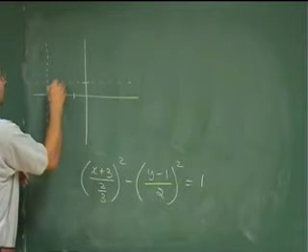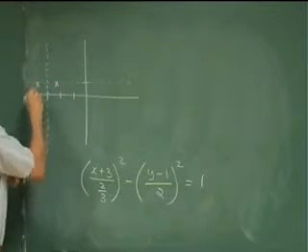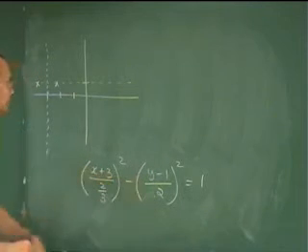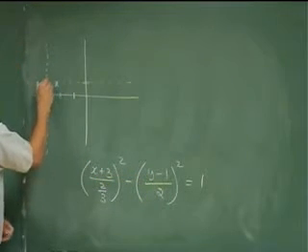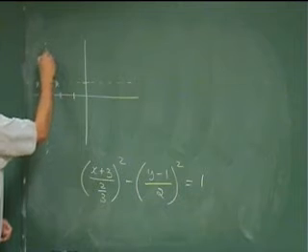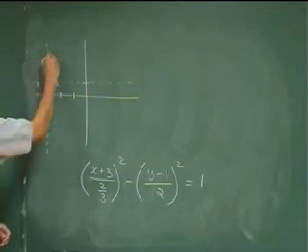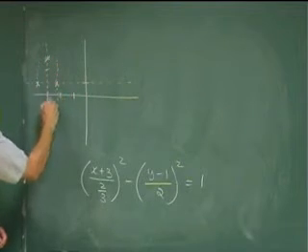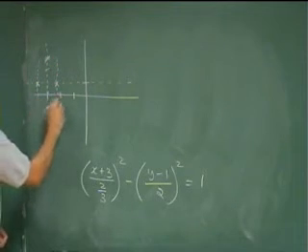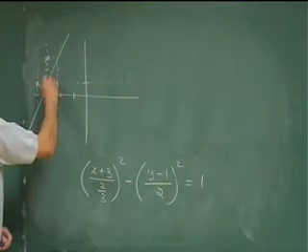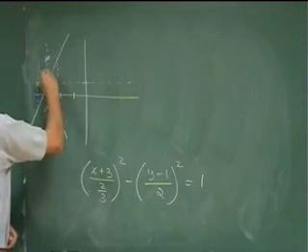So it's kind of like there and there, just sort of eyeballing that. And on the y-axis, we want to go up 2 and down 2. So up from the center, we want to go up 1, 2, and down 1, 2. So here comes the little box, and it really is a little box. Draw the asymptotes.